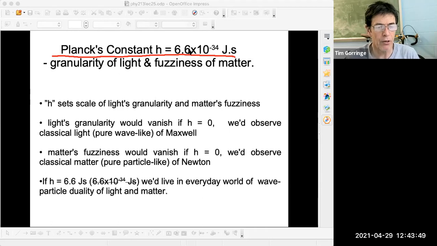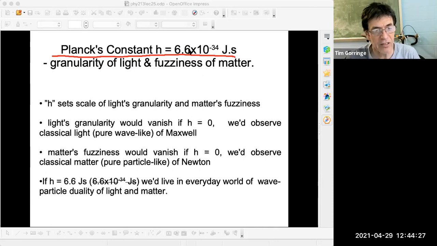As an example, let me pretend I'm in charge around here. I mean, that would be kind of a joke, but let me pretend I'm in charge, and I'm going to set Planck's constant to be 0. If Planck's constant was 0, then the granularity of light would vanish, and light would just return to that smooth, continuous, classical, pure wave light of Maxwell.